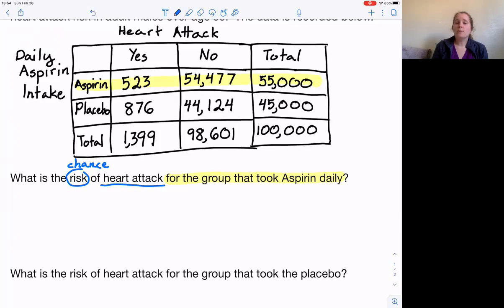So that will be our numerator. If we look at that row, we had 523 have a heart attack. So our risk would be 523 out of our 55,000.